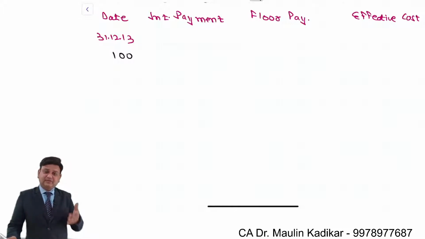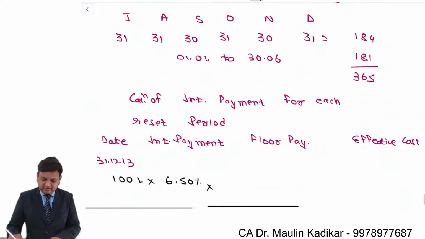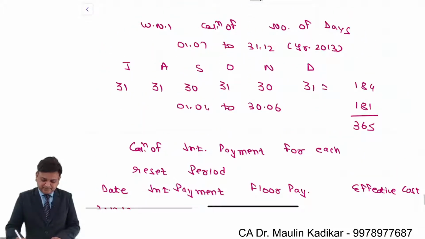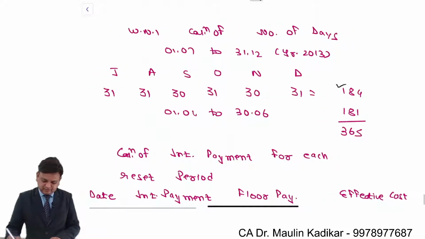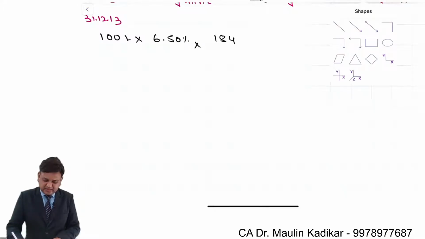It means that after every 6 months, the floating rate of interest is going to be declared. So 100 lakhs into 6.5%. You have to pay interest at LIBOR plus 0.5%, into number of days 184 divided by 365.